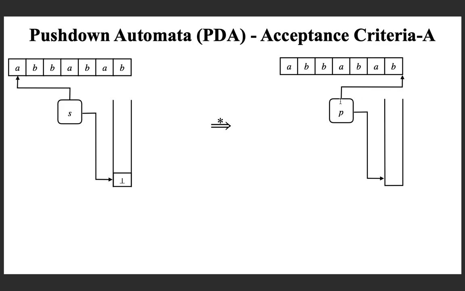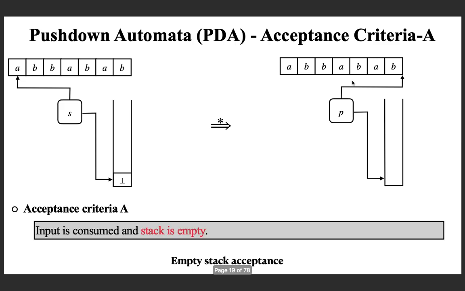It doesn't matter in which state you are. So the final or non-final states are not there in this criterion. It just checks that when you finish reading input, the stack is empty. If it is empty, the string is said to be accepted.